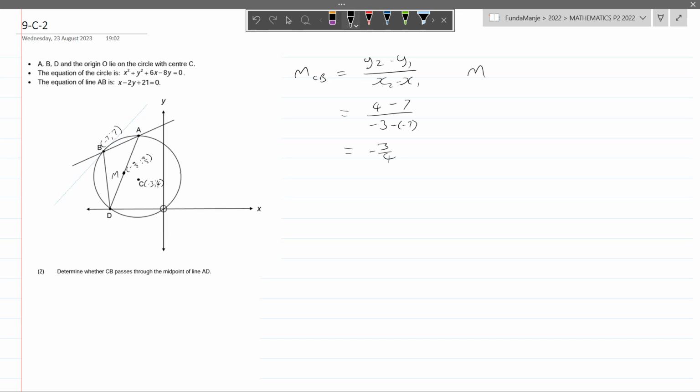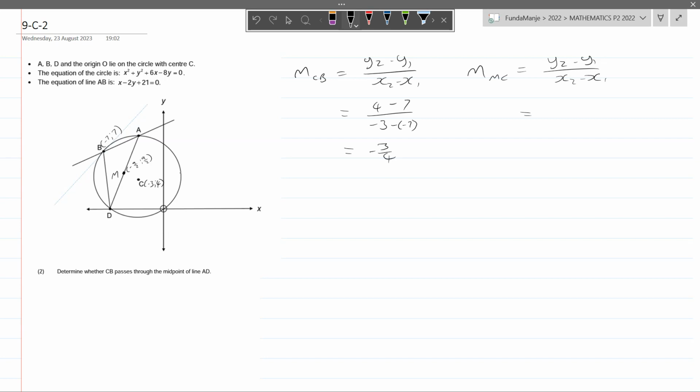Then you can also calculate the gradient from M to B or from M to C, whichever way. Let's take it from M to C since it's closer. If we start again, y2 minus y1 over x2 minus x1.